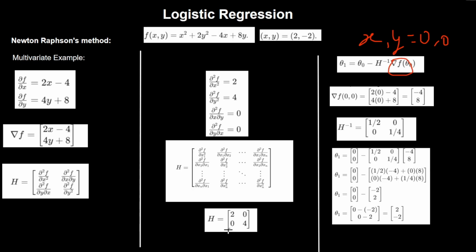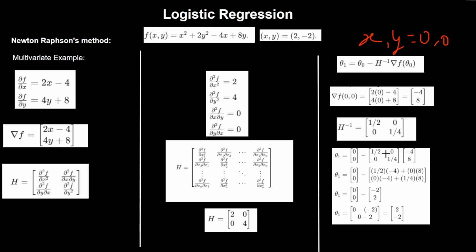To find the inverse of the Hessian matrix, it is easy here. We don't need to calculate much because it is a diagonal matrix. The inverse of a diagonal matrix is just the reciprocal of the main diagonal elements. So we have the inverse also. If we plug both inside this equation, we'll get this one, where theta naught is the original assumed weight, just 0 and 0.